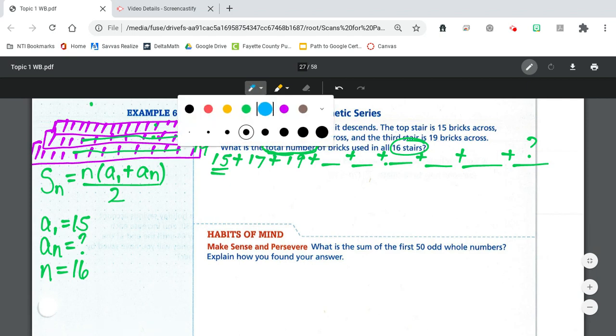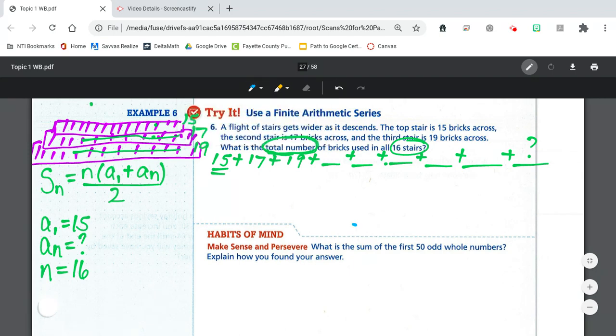So I need to know how many bricks are in the 16th stair.